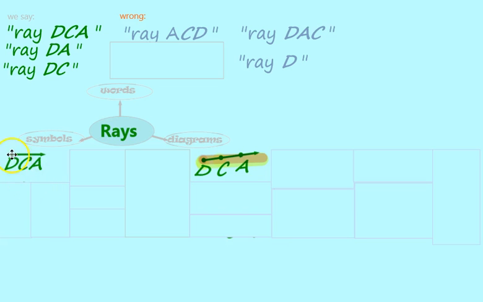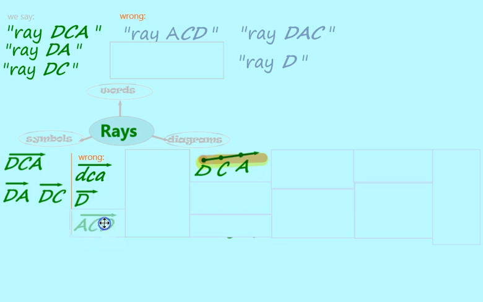On top, we will use a symbol of a ray. We will show capital letters that reflect who the beginning is and in what direction it moves and who is the letter in between. You also could name it as 2-letter notation, as long as D is the endpoint. It would be incorrect, though, to use lowercase letters or a single letter to name this ray, or, of course, letters out of order.